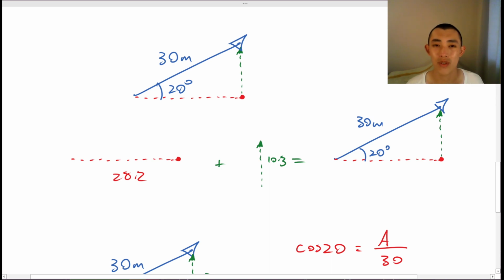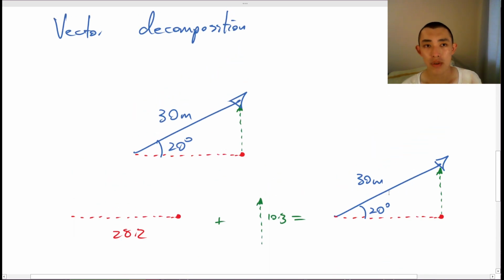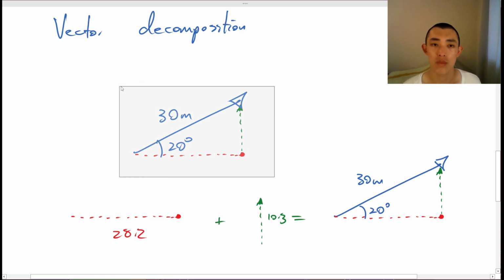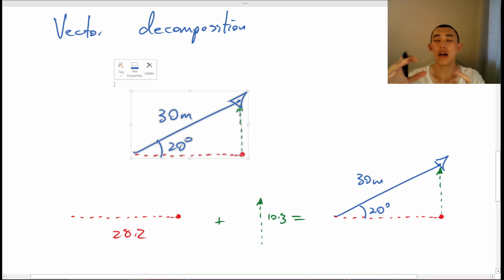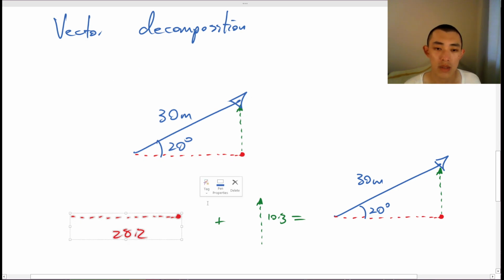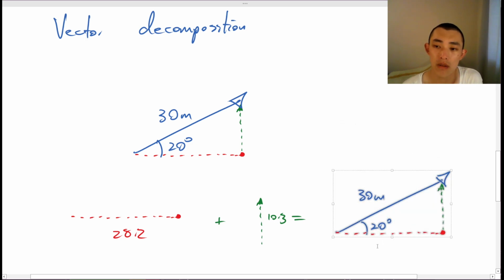You go for it if you want to try that. But that's the critical part, right? So vector decomposition. We can decompose a vector into its x and y components, because when those x and y components add together again, it forms that same vector, right?